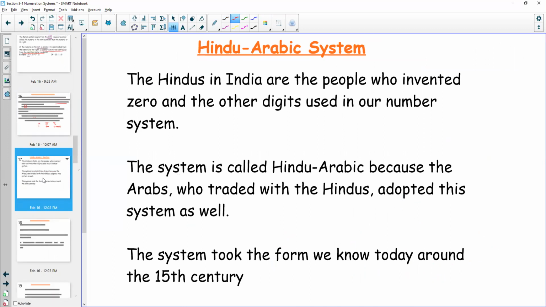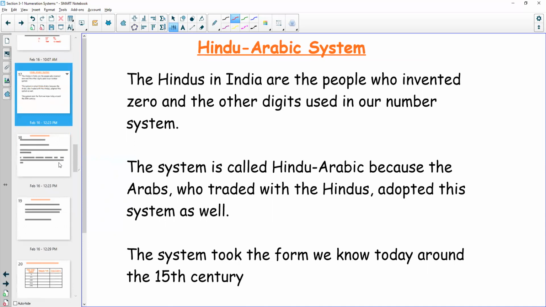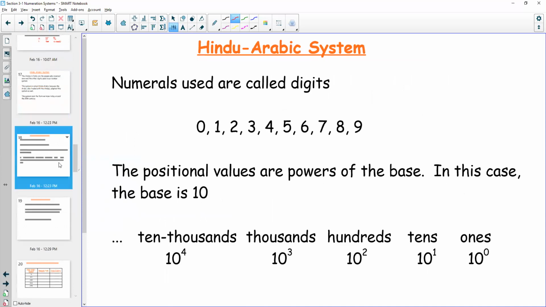And it's how they began to trade with other nations, particularly with the Arabs at that time. The Hindus used the system, they traded with the different Arab nations, and the Arab nations went like, oh, we're going to use this. So it's been around about 400 or 500 years, so way young compared to Babylonian and Egyptian. But it's a system we all use now.